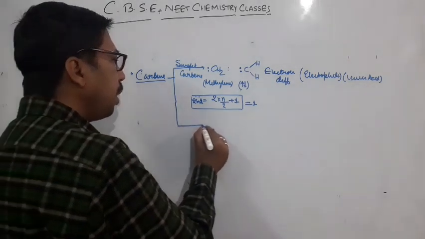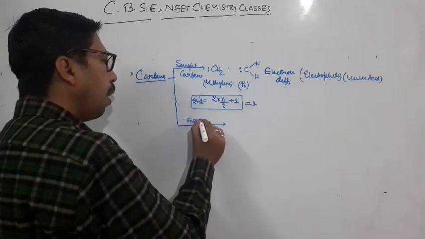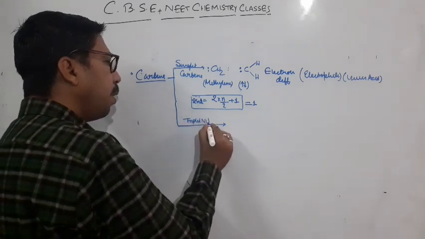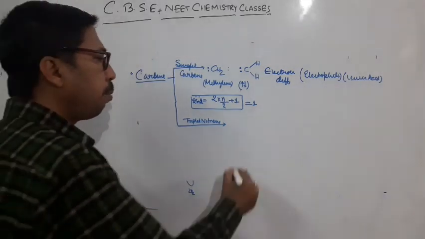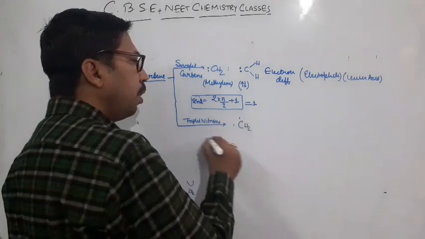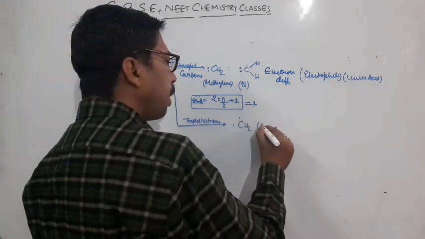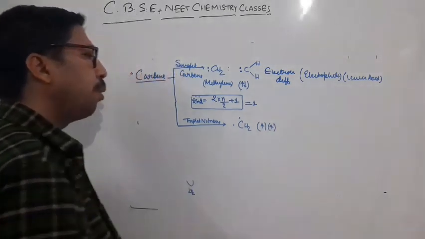And similarly, triplet carbene. Triplet carbene represent like this, that is the unshared pair of electron present in different orbital.